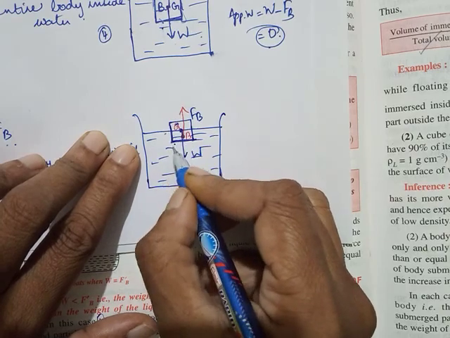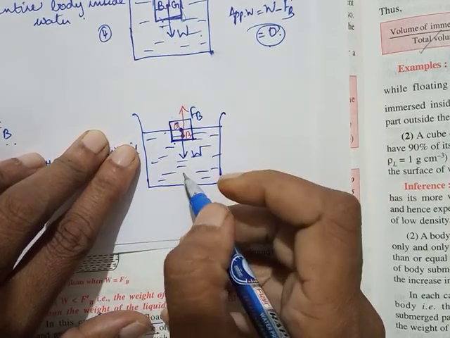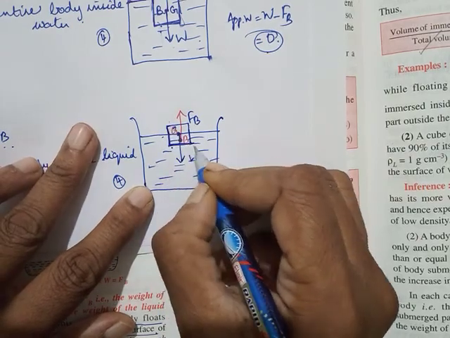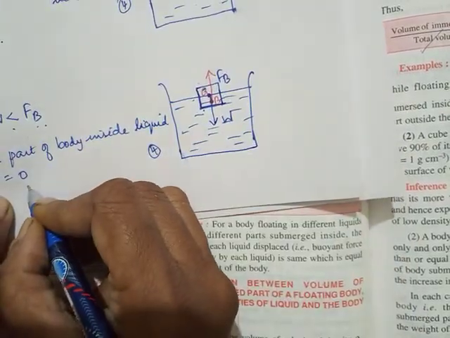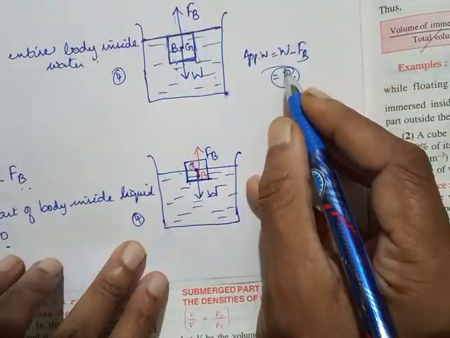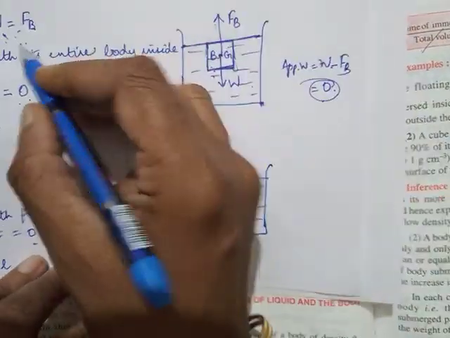How much volume will be inside water? How much volume will be outside water? Now, the principle is, for apparent weight to be 0, the weight of the floating body should be equal to upthrust.